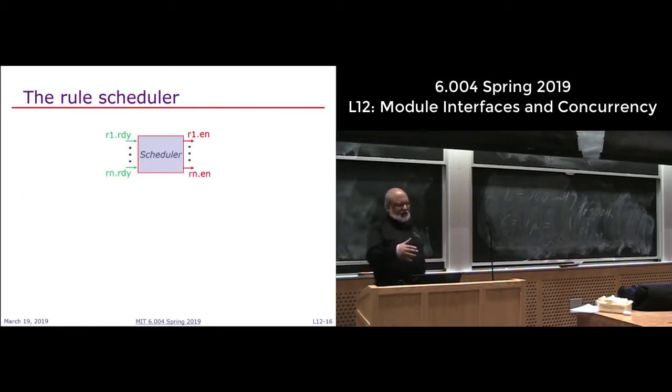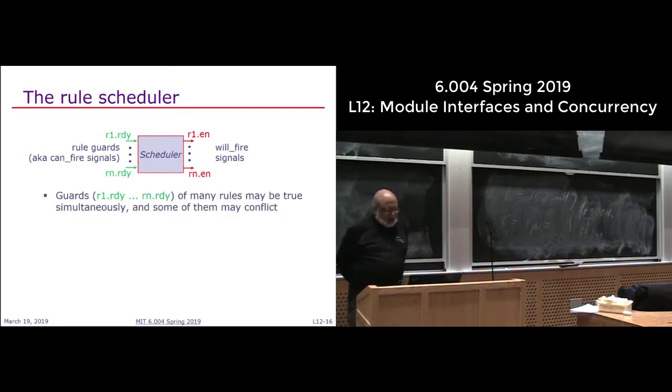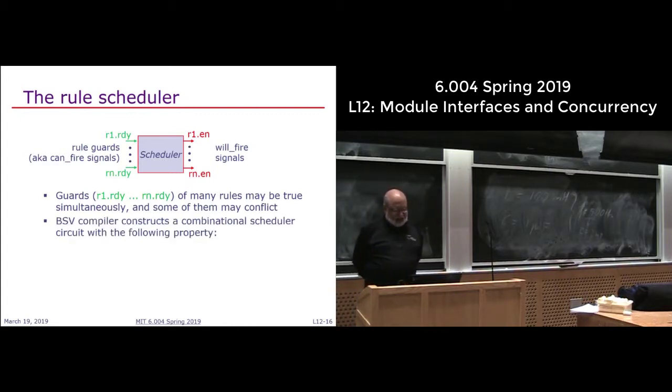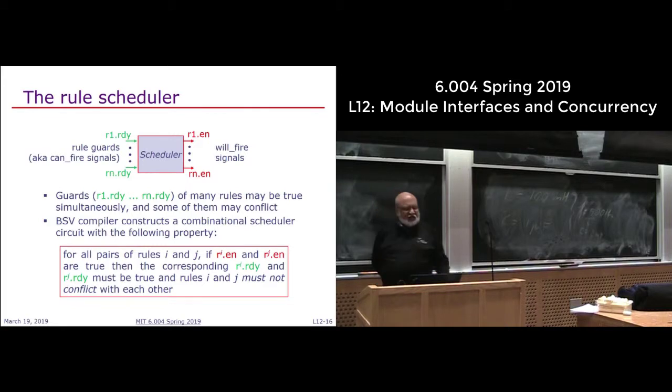Slightly more abstractly, the scheduler has lots of green signals going in, rules ready, rules ready, rules ready, right? And on the right hand side, signals are coming out, which are saying, yes, this rule is enabled. Actually, you can go and execute it. We refer to them as will fire signals. All right? And guards of many rules may be true simultaneously, and some of them may conflict. The BSV compiler constructs a combination of scheduler circuits with the following property. This property is a little bit of a mouthful, but it's not a difficult property to read. So think of it like this.